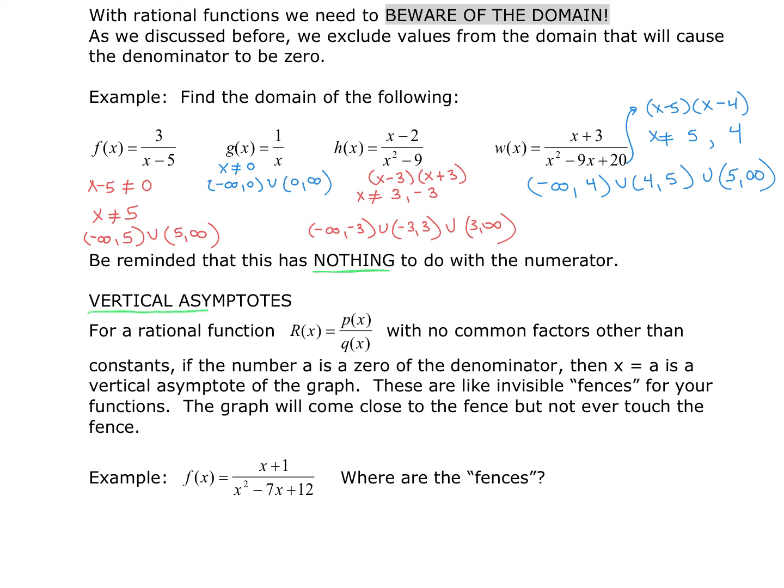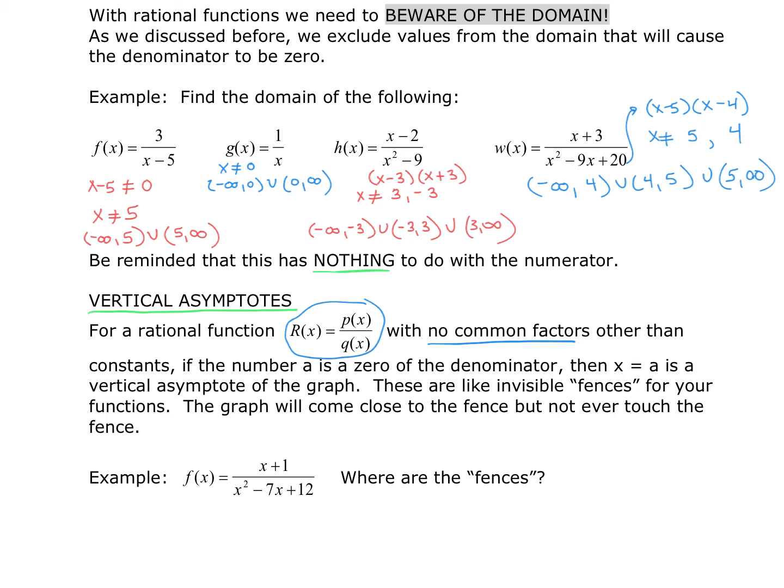And that leads us to vertical asymptotes. If we have a rational function that is reduced, in other words, there's no common factors other than constants, if the number a is a 0 of the denominator, then x equals a is a vertical asymptote.